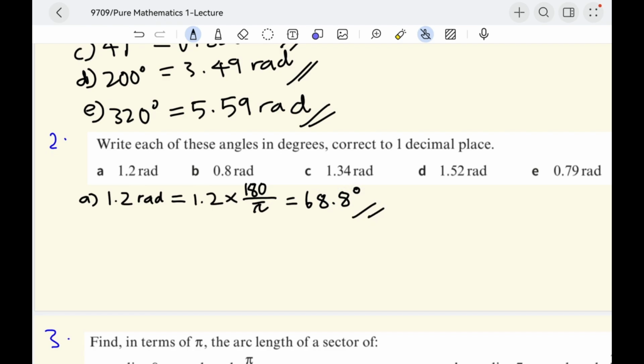Candidates should get used to the habit of leaving angles in degrees this way. Since the angles are in degrees, we have to leave it in one decimal place. This is the standard requirement for answers of angles in degrees, for each external examination. All right.